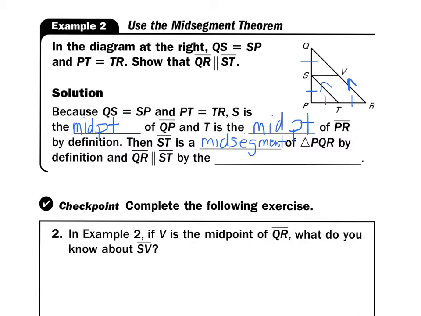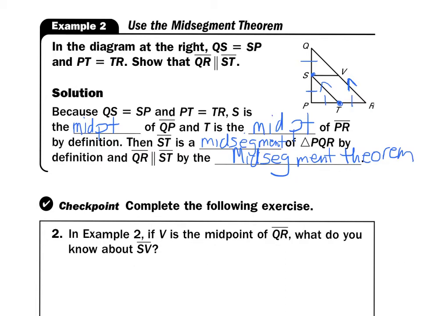Then, by definition, and QR is parallel by the mid-segment theorem. So if they're parallel and they split a side in half, then you know that it has to be half of the long one. Okay, go ahead and do that checkpoint.